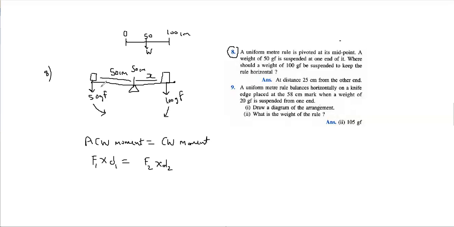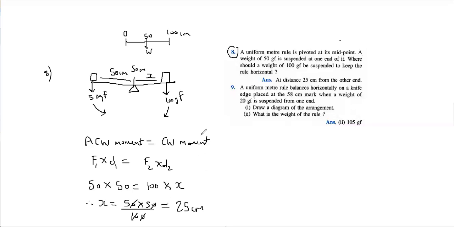If I call this force 1, then force 1 is 50, into D1, which is 50, equals force 2. Force 2 is 100, that is given to us, and D2 is X, which we have to find. Therefore X equals 50 into 50 upon 100. So this 0 gets cancelled, and what is left is 25 centimeters.